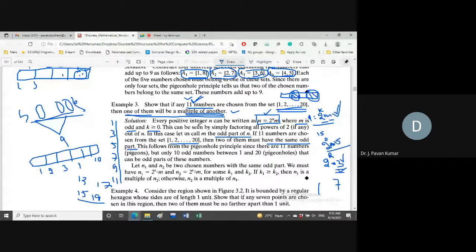We can select distinct numbers up to 10 into distinct pigeonholes, but if you select the 11th number, it should go into the same pigeonhole where we have already put one number. Yes or no?